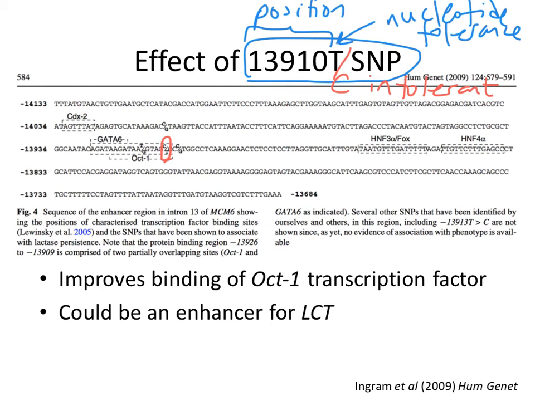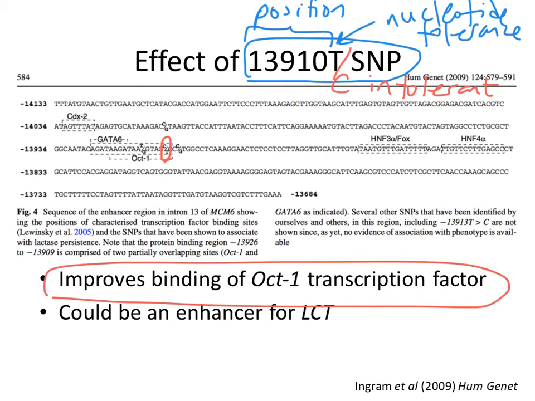And in this case, that mutation that allows tolerance, which means you're the adult baby, you make lactase well into adulthood, people that have that tolerant SNP, single nucleotide change, the T, that improves the ability of the OCT1 transcription factor to bind to that site. What does that mean? It means that OCT1 protein is better able to keep RNA polymerase coming to the lactase gene and transcribing that gene and producing the enzyme that lets you digest dairy.